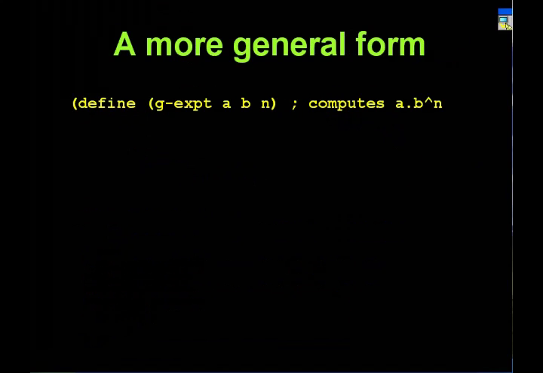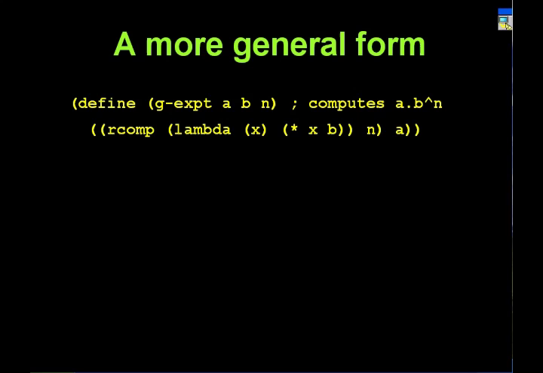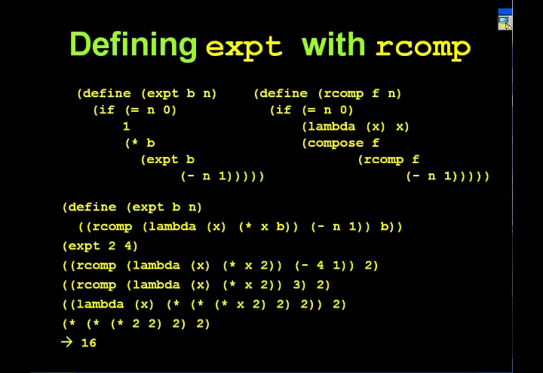Answer 16, obviously. Now, you can generalize this into this form. You can do a more generalized form of exponentiation where you have a, b, and n. Essentially you start with a, and you multiply by b n times. This avoids this weird n minus 1 times kind of thing.